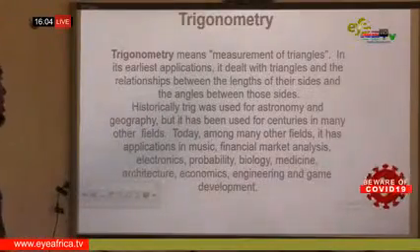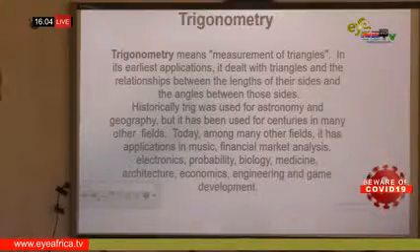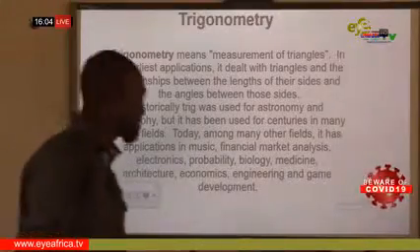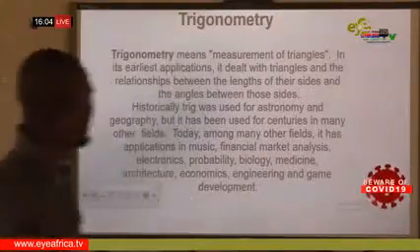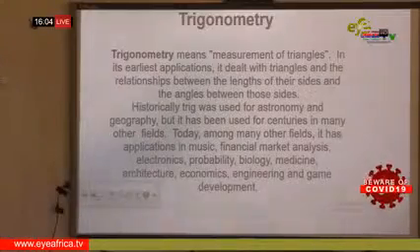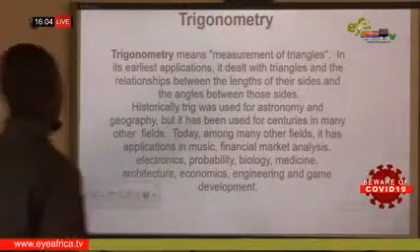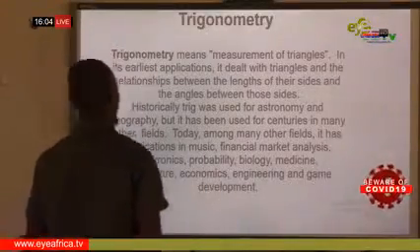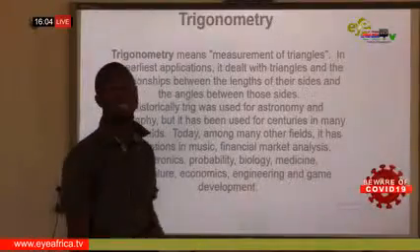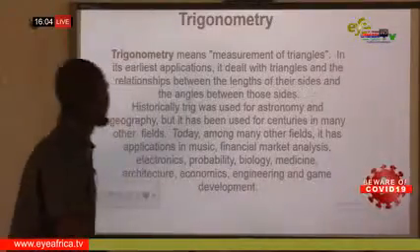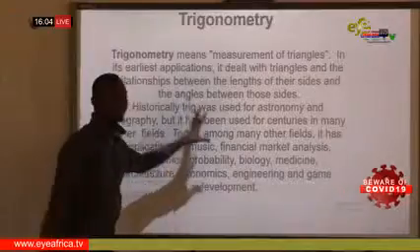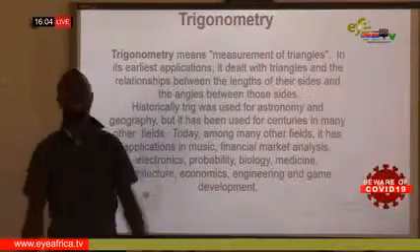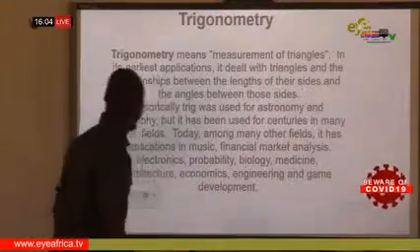Today, among other fields, it has application in music, financial market analysis, electronic probability, biology, medicine, architecture, economics, engineering, and game development. These are the places where trigonometry is applied in real-life situations.